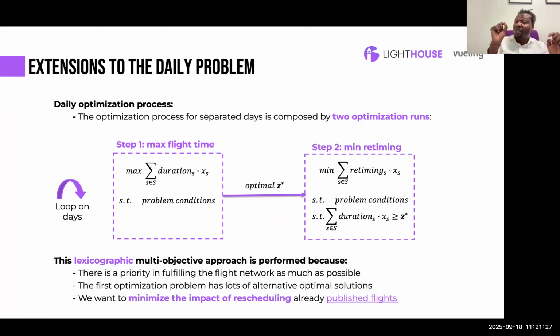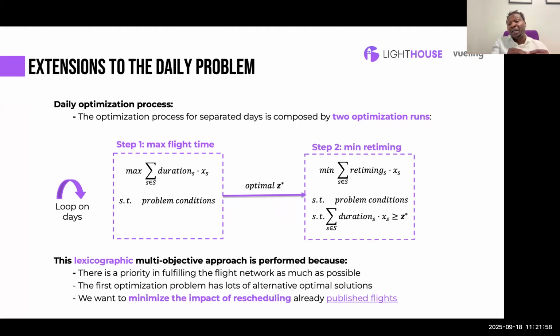And the second step is some kind of tactical decision. If we maximize the number of flights that we have, maybe we can have some kind of solution or combination of solutions that could be very difficult to realize in the operation department.